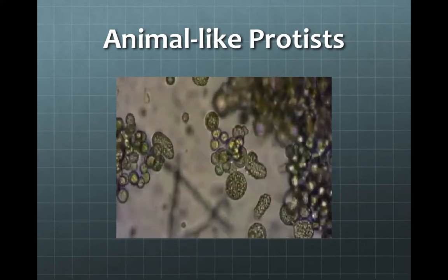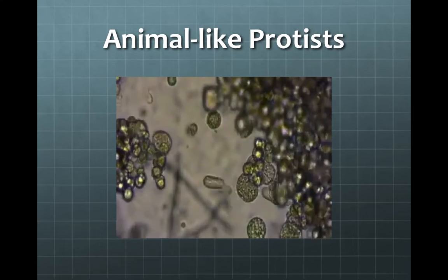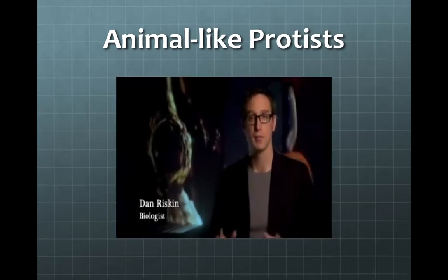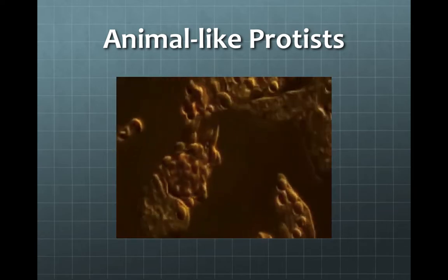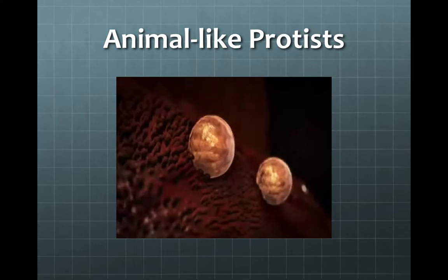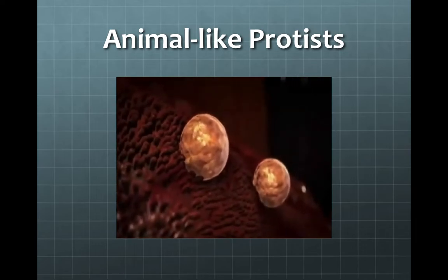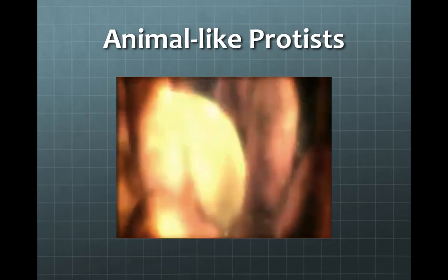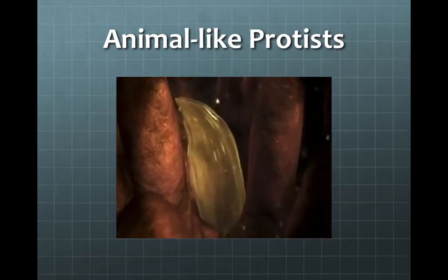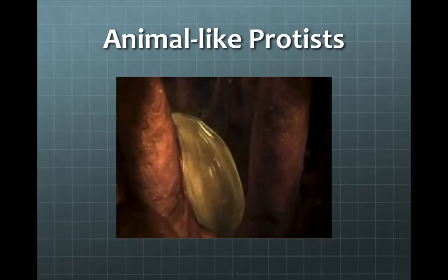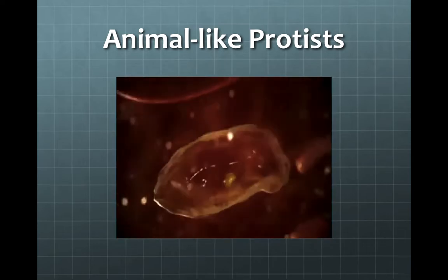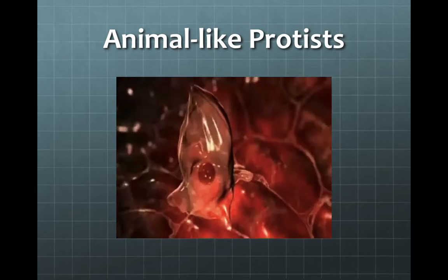Entamoeba histolytica is a parasitic amoeba that feeds on living cells in the human gut. Most of the time, the presence of Entamoeba histolytica in the intestines causes dysentery. This is an inflammation of the intestines that causes diarrhea, and in the worst case, severe dehydration. But in rare cases, the Entamoeba histolytica will actually attack the intestinal wall, eating through the tissue. From there, it travels in the blood to the liver.